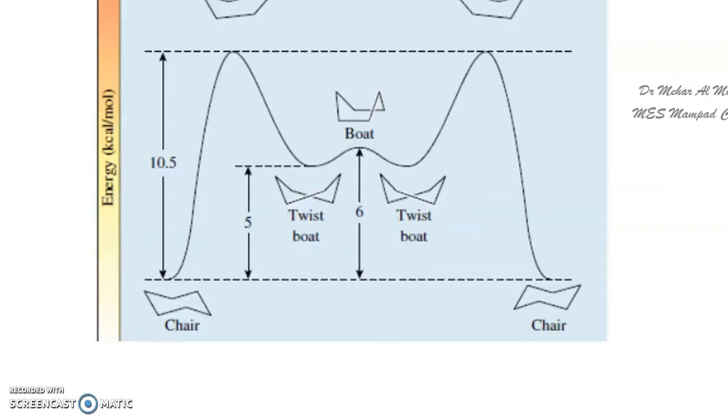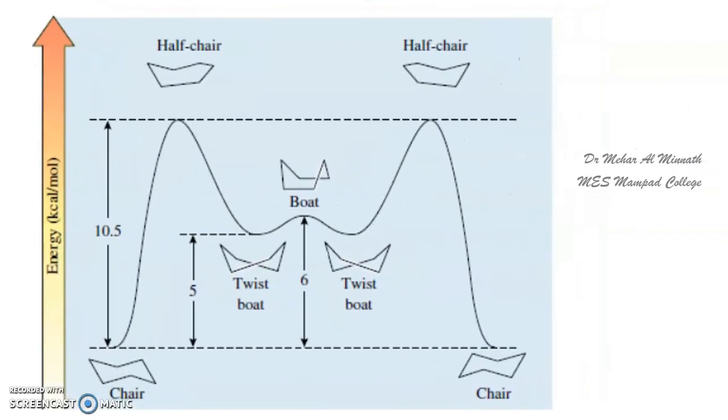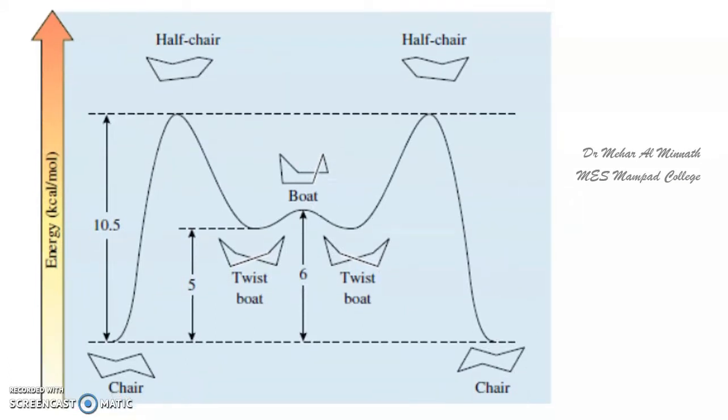Now, this was the energy profile diagram we had said will appear when we draw the energies of the various conformations. We'll see how it's happening. Now, let us take up the chair conformation first.